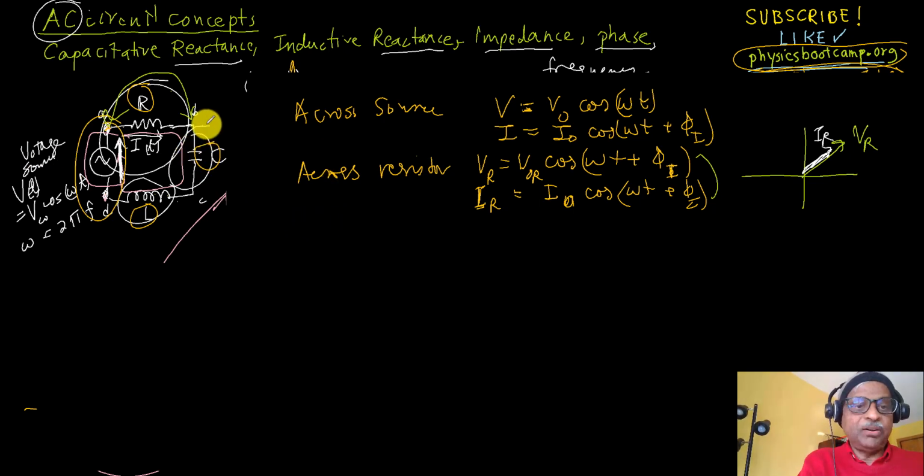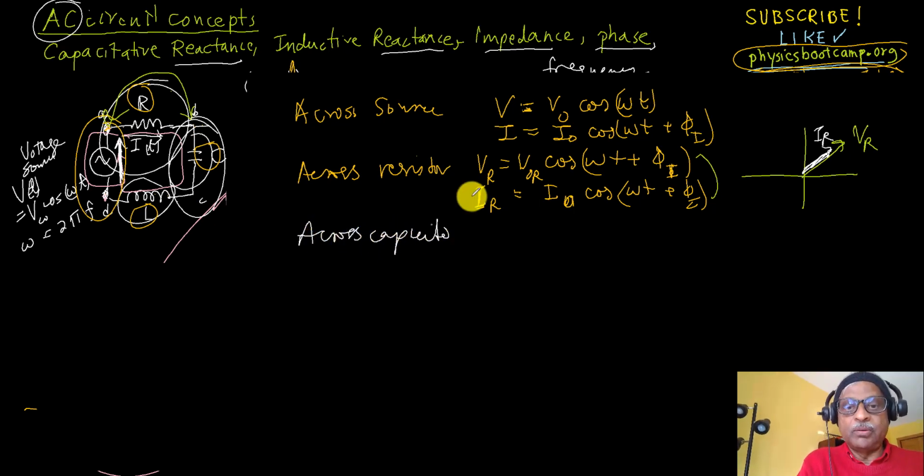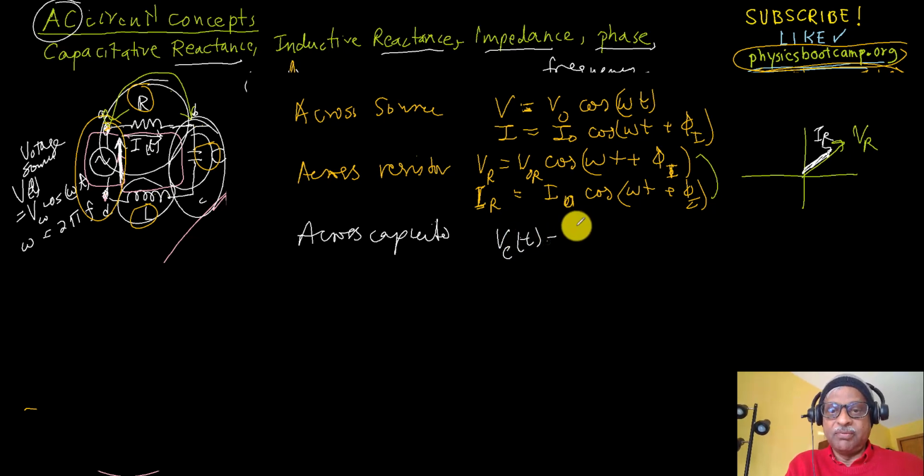How about across the capacitor? We have VC is just 1 over C integral of I(t prime) dt prime.